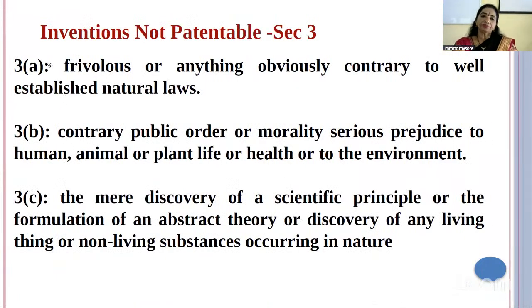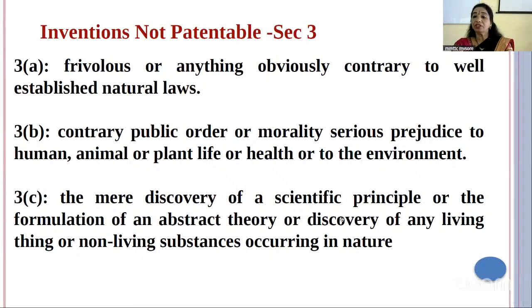Okay, so again, anything frivolous or obviously contrary to well-established natural laws. So you cannot say I'm going to create a human being. That is contrary to the natural laws, and that is also not patentable. Anything contrary to public order or morality, or causing serious prejudice to human, animal or plant life or health or to the environment, that is also not possible.